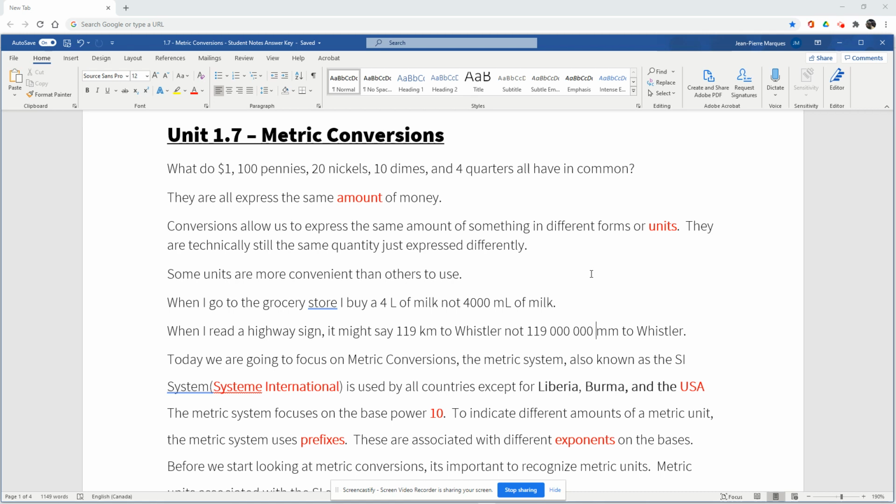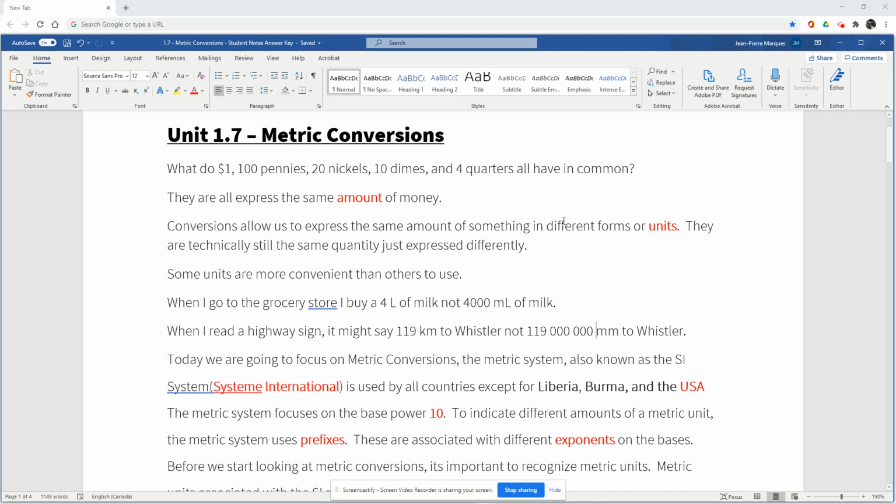So it allows us to, just with one word, tell you what size the units are, basically. And so every single prefix is associated with a different exponent on that particular base. Remember, your base is always 10, but the exponents can vary. And again, each of these exponents is associated with a different prefix.